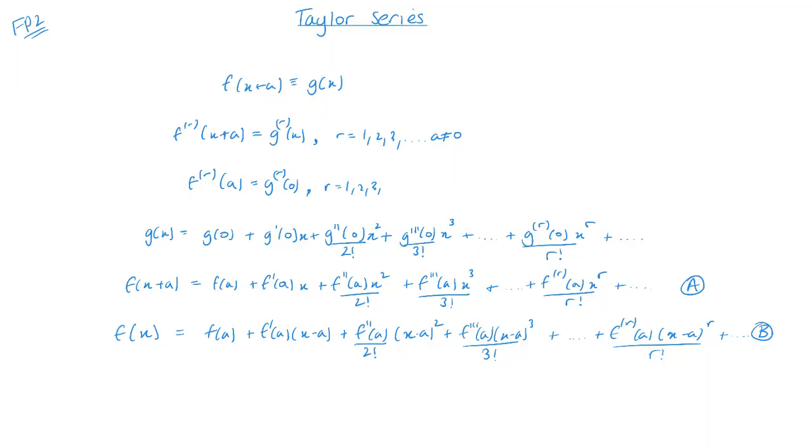Now bear in mind the Taylor series expansion is valid only if f n of a, so my derivative of f of x with a inside replacing x, exists and is finite for all values of n and for all values of x for which the infinite series converges. So the series always has to converge to a particular value. If it doesn't converge, then this series expansion is not going to work.